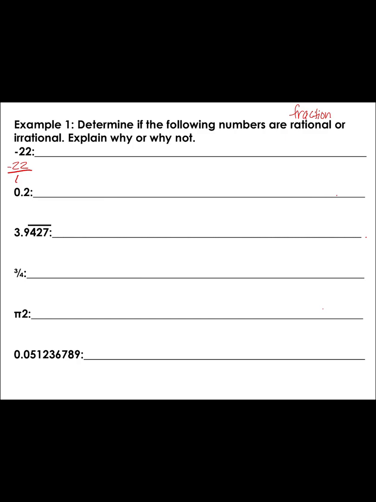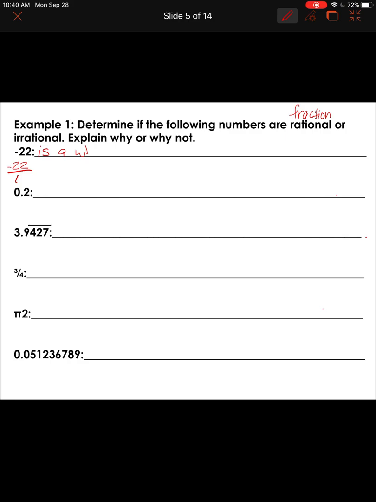So negative 22 is a rational number because it can be a fraction. Okay, so that's the key here. We're trying to see if these numbers can turn into fractions.